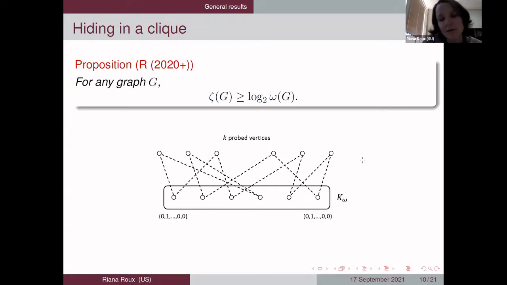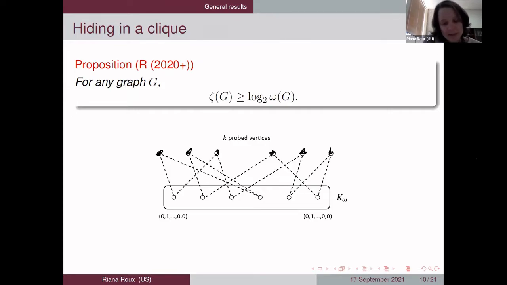So imagine that our localization number is equal to k, and we are looking for the largest clique. The largest clique can only happen if we probe from outside of that clique. So our probe vertices will be these ones here at the top. And we want to see how they are connected to the vertices in this clique, K omega.